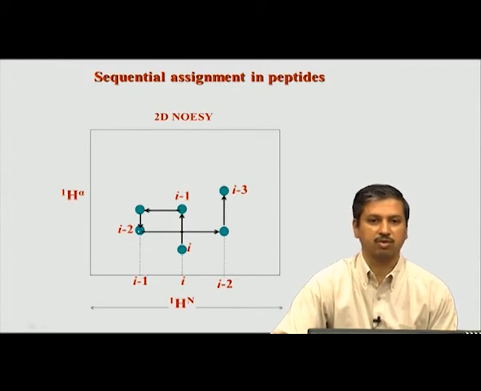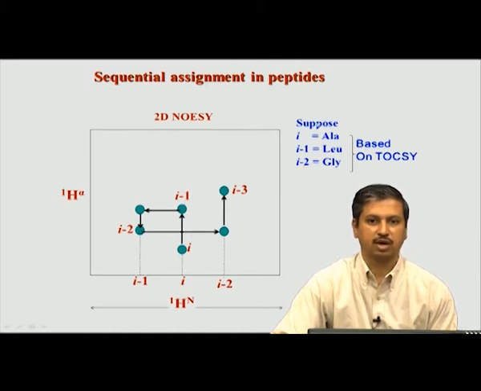So, now once I got I minus 2, I will go horizontal along this line, find another spin system where this is present, and that spin system now should belong to I minus 2, and its sequential will come as I minus 3. So, this is the manner in which we carry out sequential assignment. We are essentially linking, again remember the word link, we are linking or forming a sequential correlation between a residue I and its sequential I minus 1.